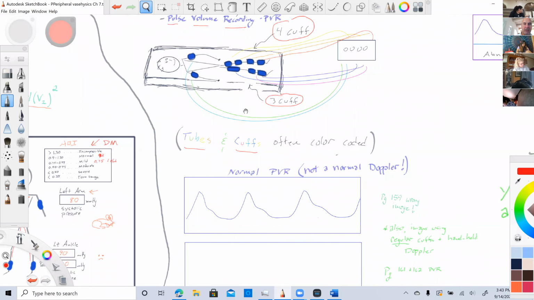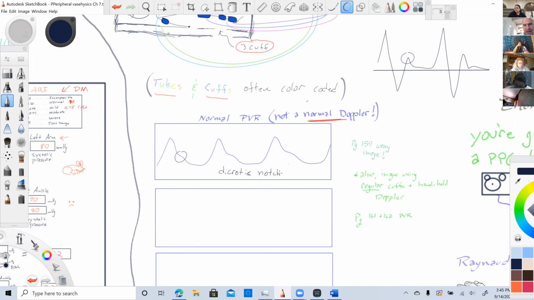It's not that accurate. It can see that little bump right there. By the way, on a PVR, this is called a dicrotic notch.